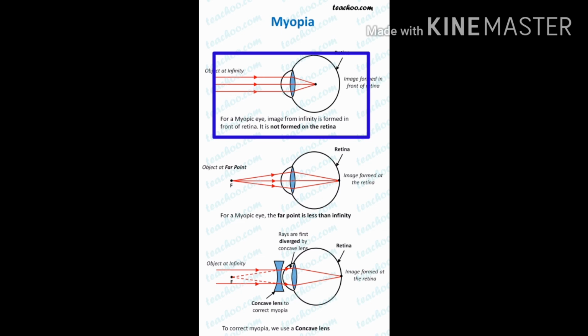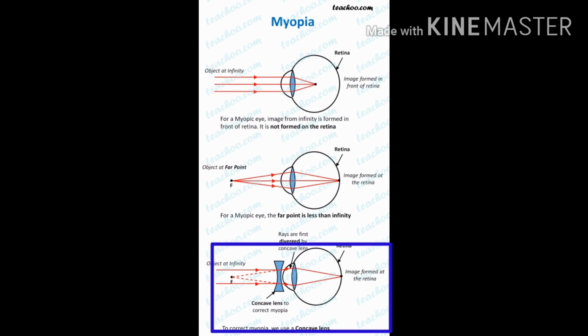First, the eyeball elongates so that the distance between the lens and the retina increases. Second, the curvature of the cornea and the eye lens increases. The muscle near the lens cannot relax, so the converging power of the lens remains large. This defect can be corrected by using spectacles with a concave lens of proper focal length.